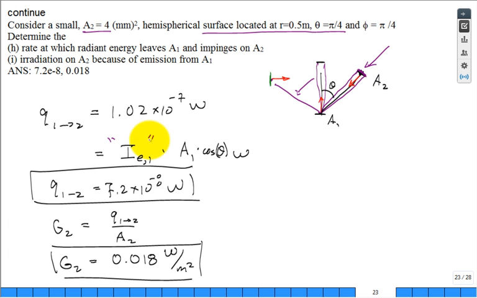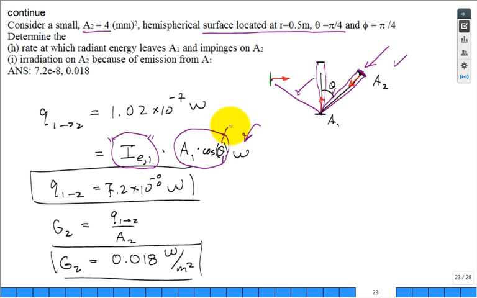Well, you've got to get that constant intensity from A1. You look at the normal projected area from the perspective of 2 back to 1. I need that angle theta 1 right there in the equation. And then I need the solid angle. The solid angle didn't change from the previous work, did it?